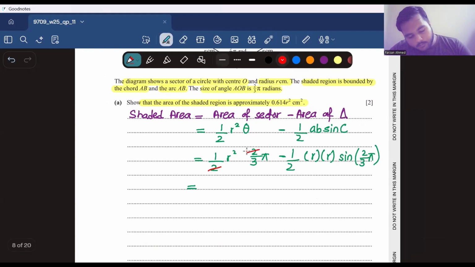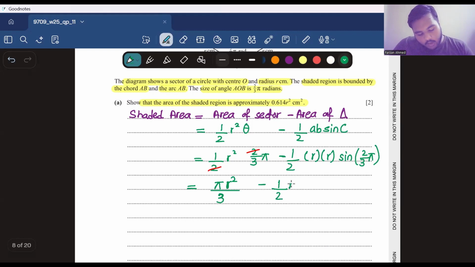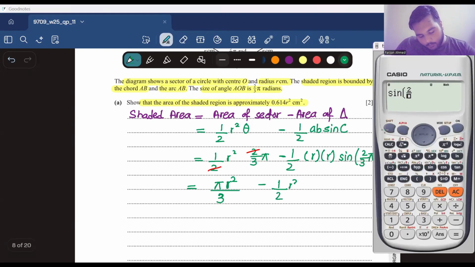So this will be pi r square upon 3, minus 1 upon 2 r square and sine 2 pi upon 3. This will be sine 2 pi upon 3, which is square root of 3 over 2.